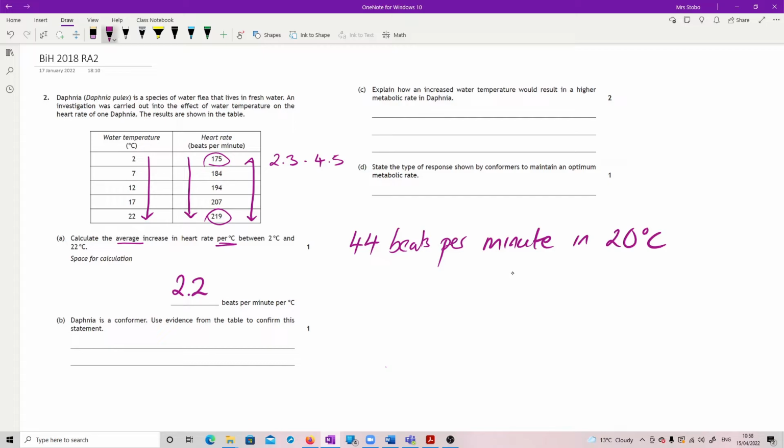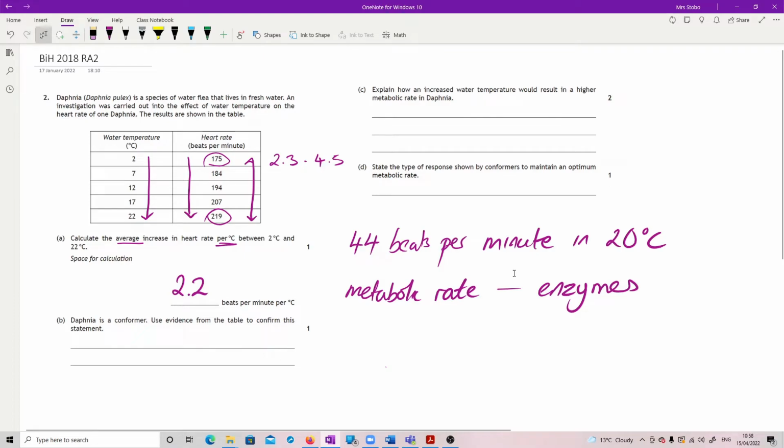Okay. C. Explain how an increased water temperature will result in a higher metabolic rate in Daphnia. Okay, so metabolic rate we can link to two things. We can link to enzymes, and I think that's probably your go-to. It's your simplest one to go for.